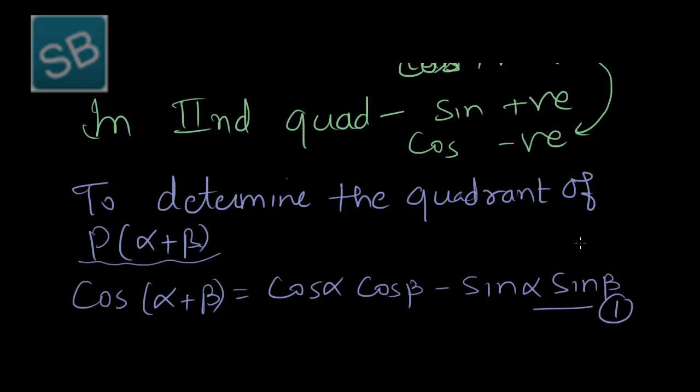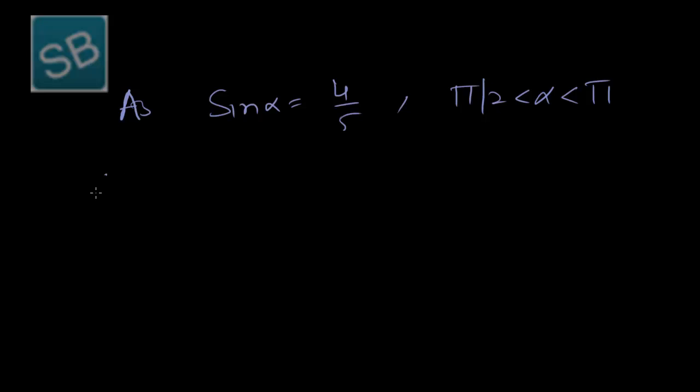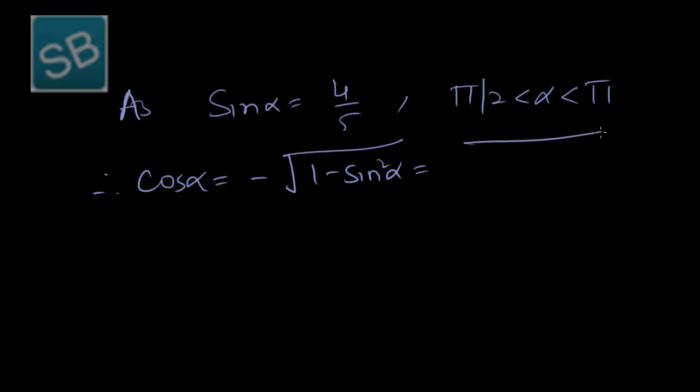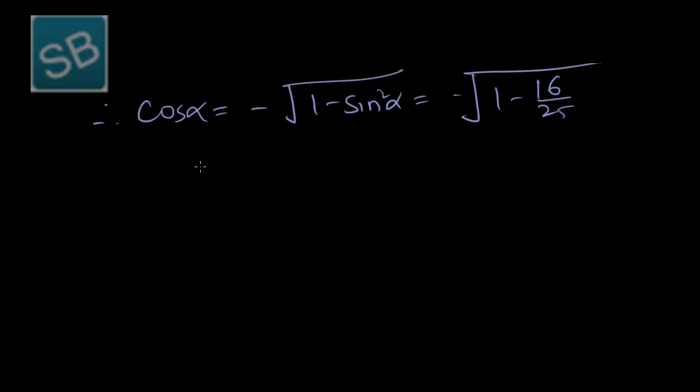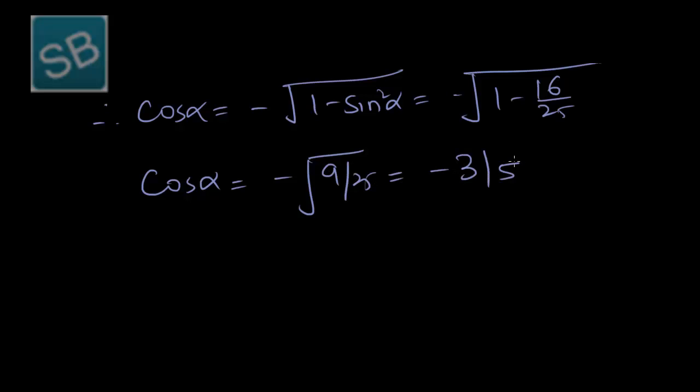Give it the name number 1. So as sin alpha is equal to 4 over 5 and it is lying in the second quadrant, therefore cos alpha will be negative, that is negative of, using the identity, under root 1 minus sin square alpha. So substitute here the value of sin square alpha, that is 16 over 25. So we get cos alpha is equal to negative of under root 9 over 25, that is minus 3 over 5.